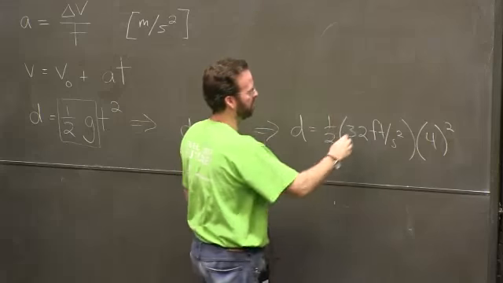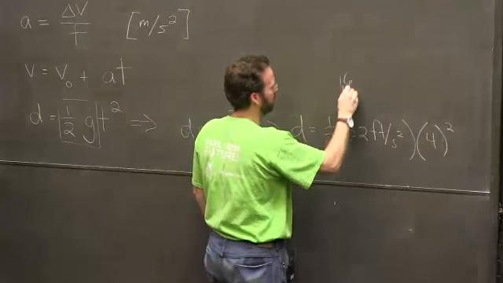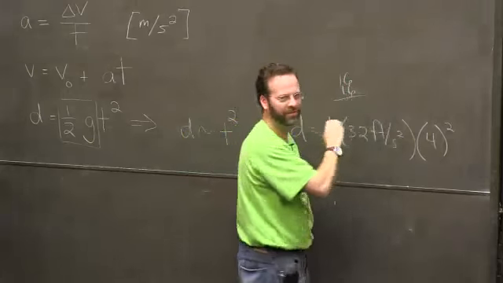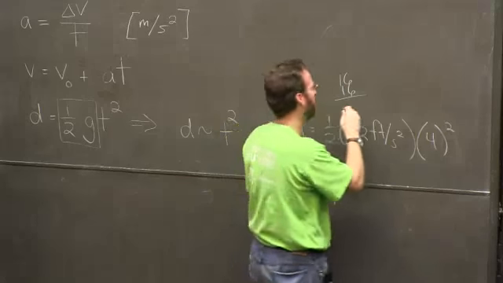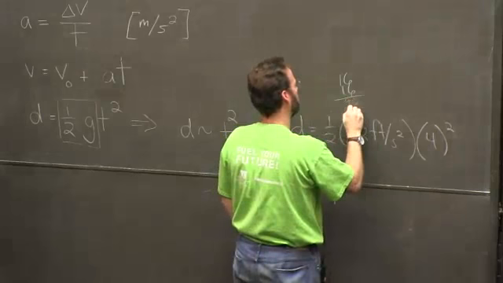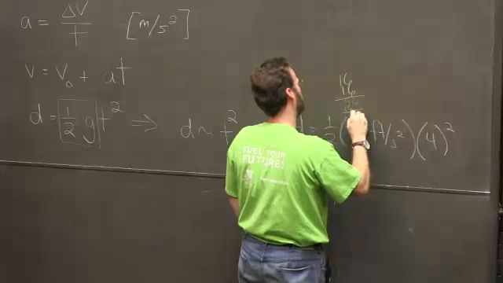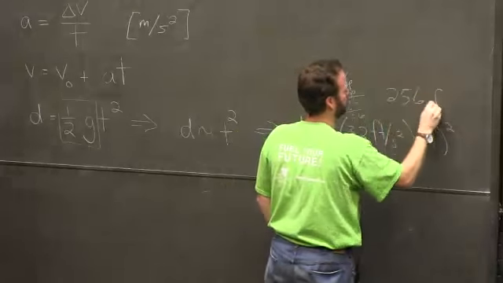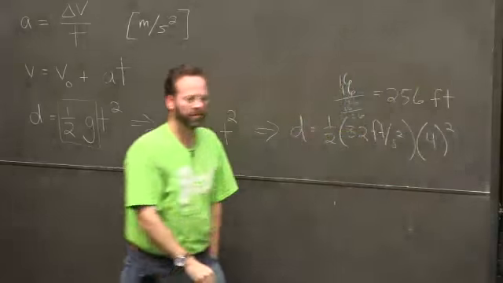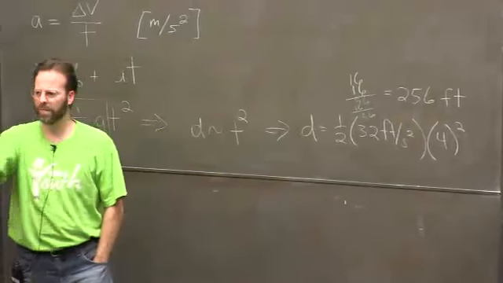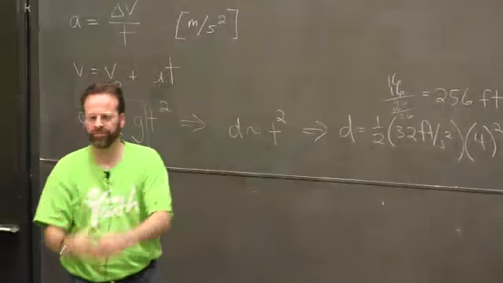So we get 16 times 16, which I don't remember. If somebody's calculating it before me, shout it out. 256 feet. That was about what we approximated the other way.